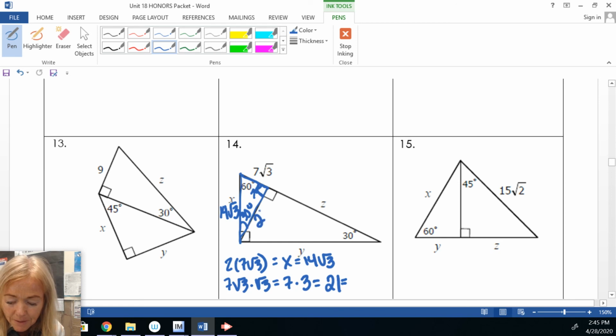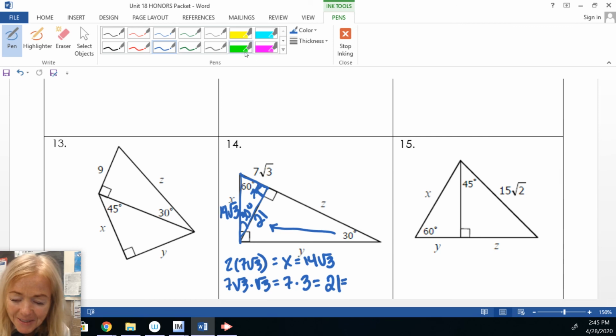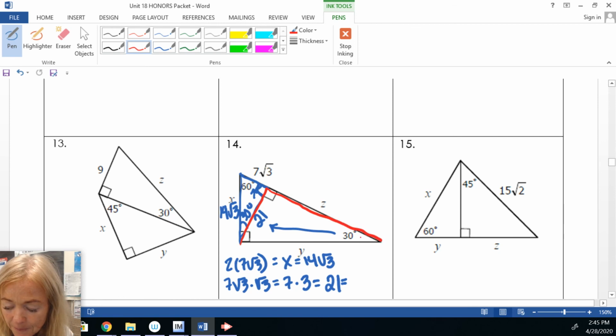Which was right there. Okay. Now, if that's 21, that happens to be the short side of this right triangle, which I'm going to mark in red. That's the short side of this one. All right. So if it's 21, this y happens to be the hypotenuse here, and it's double that short side.